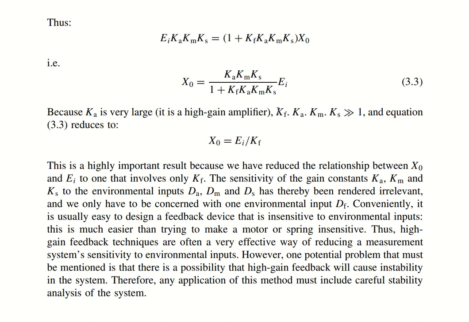Convenient or not? And making it more convenient, it is usually easy to design a feedback device that is insensitive to environmental input, right? So it is much easier than trying to make the motor or spring insensitive, and because of that, high gain feedback techniques are often a very effective way of reducing measurement system sensitivity to environmental inputs.